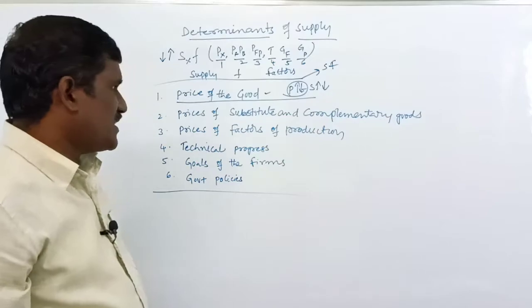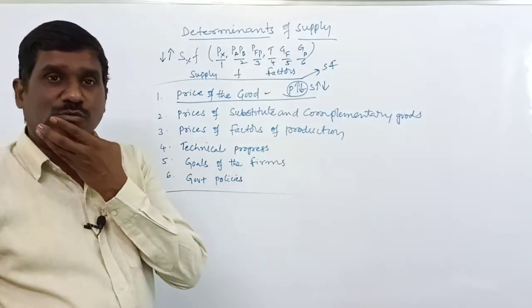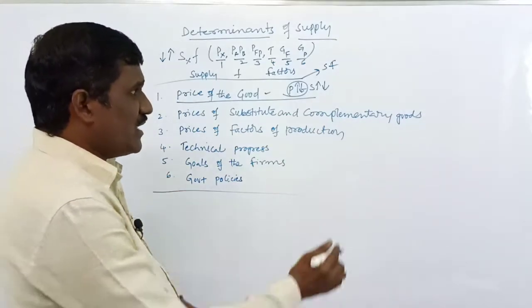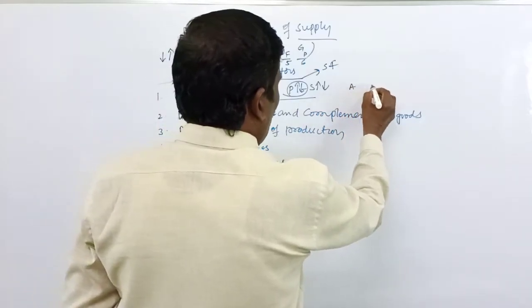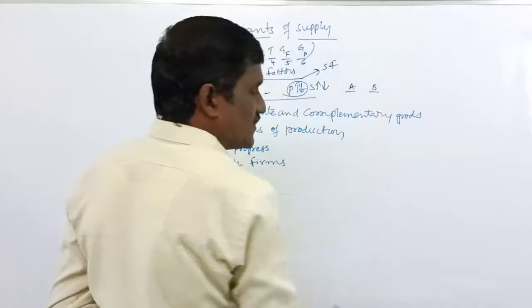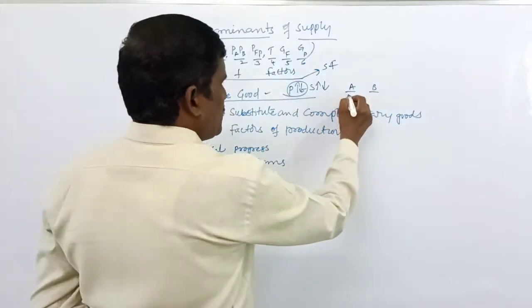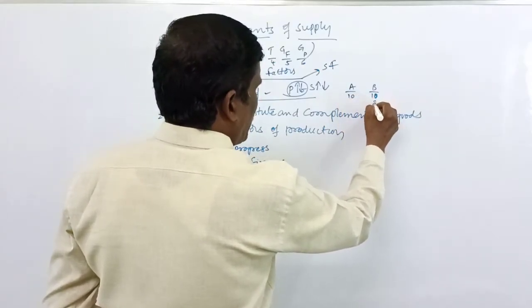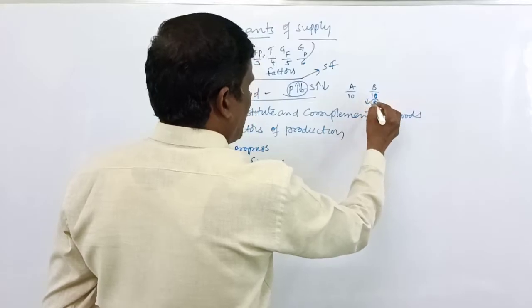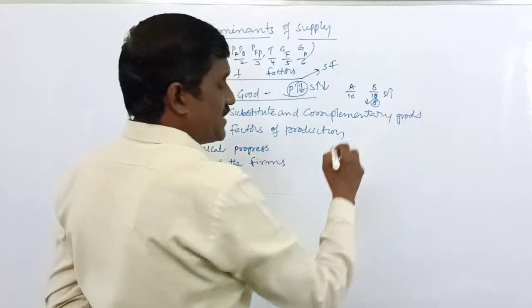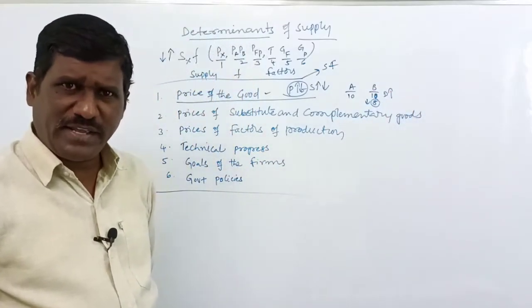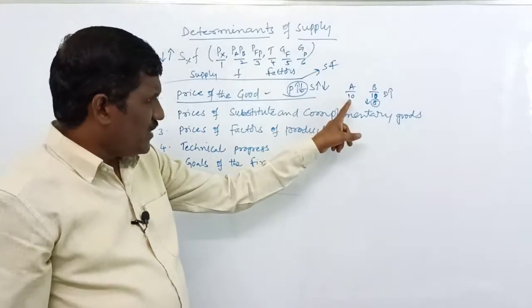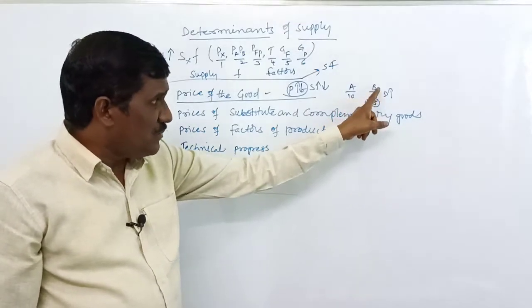Second, prices of substitute and complementary goods. For example, two goods are there, A good and B good. If the A good is 10 rupees and the B good is 8 rupees, and the price of A stays the same but the price of B decreases, automatically the demand for B good increases. There is no change in A good's price, but there is a change in B good.